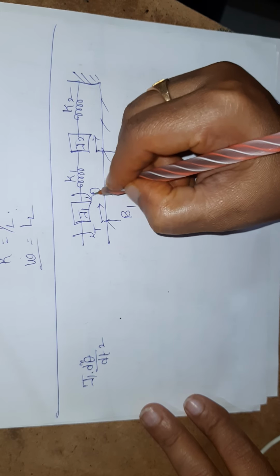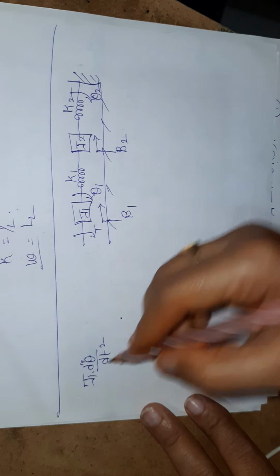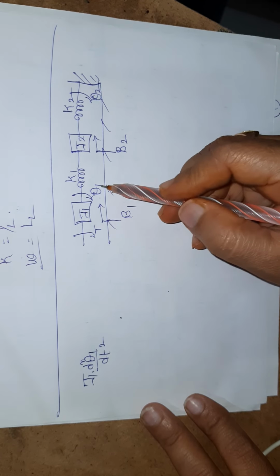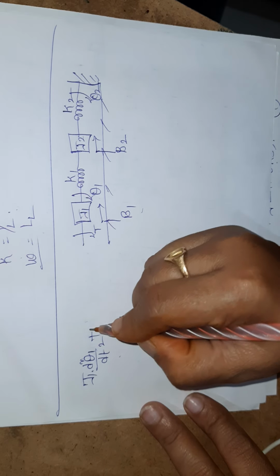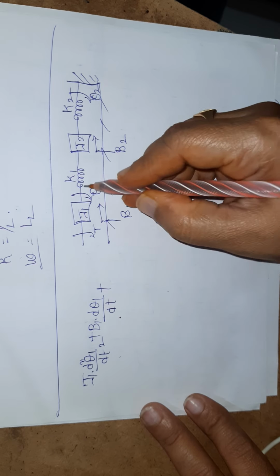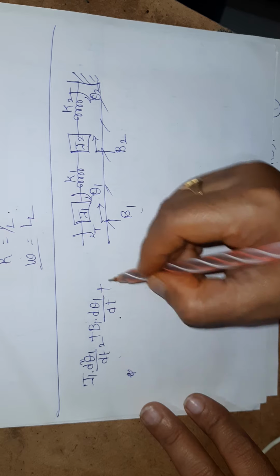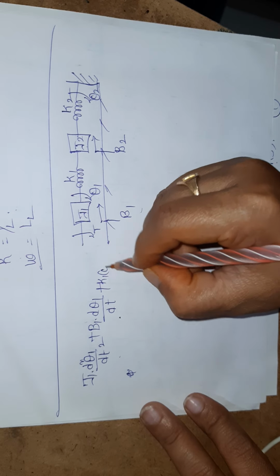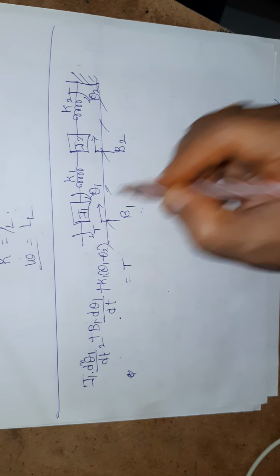So I will consider it as theta 1, and here I will consider it as theta 2. So here J1 into d square theta 1 by dt square. Next B1 is also there. So B1 into d theta 1 by dt, and K1 is in between two nodes. So I will write K1 into theta 1 minus theta 2 equal to applied torque here.